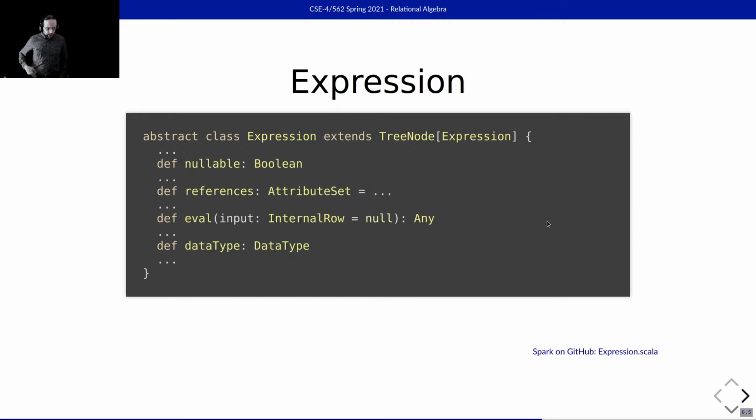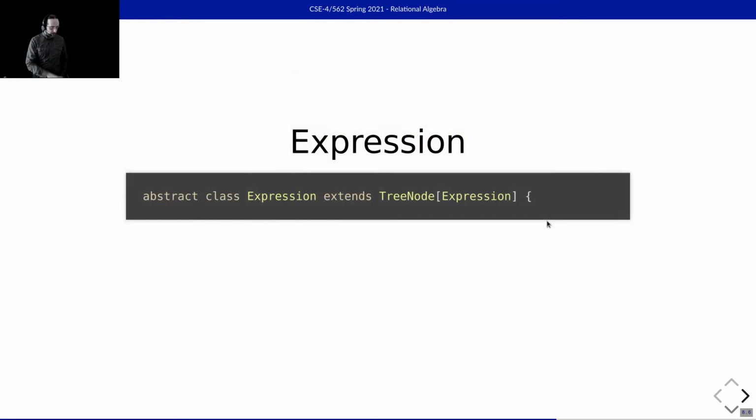And so the expression class, and we'll go into this in a lot more depth next week, provides a couple of interesting and useful ways of getting information about what the expression is and how it works. But the one thing for today that I want to bring your attention to is this tree node class.